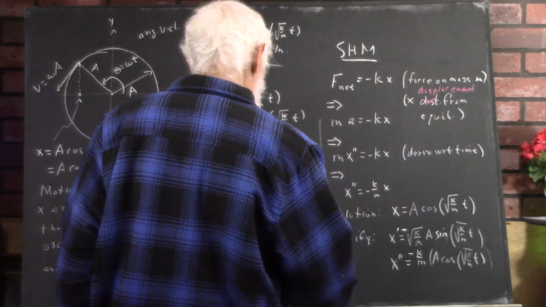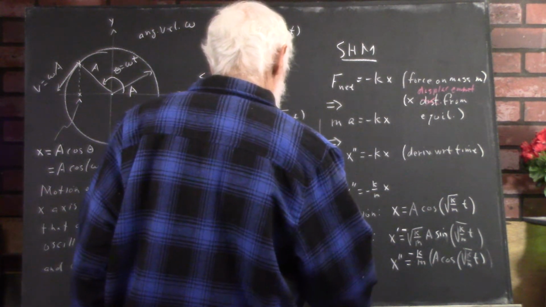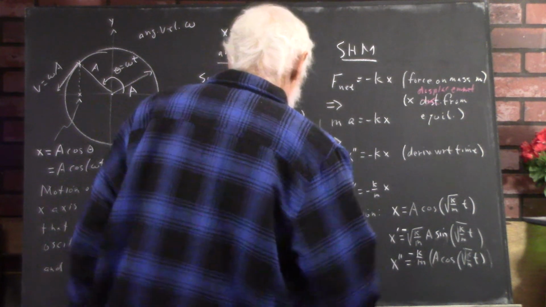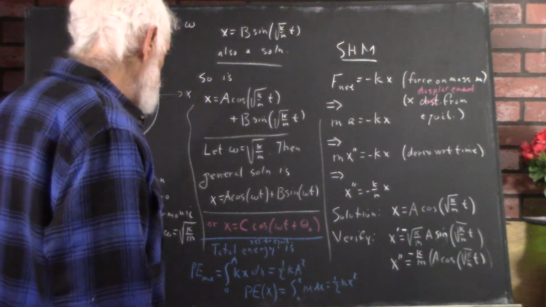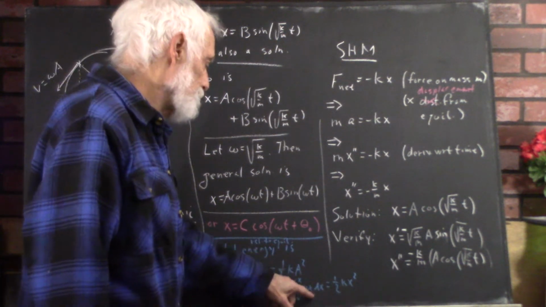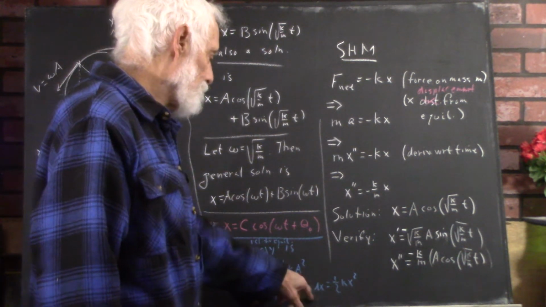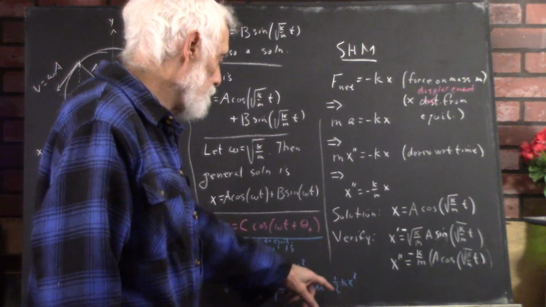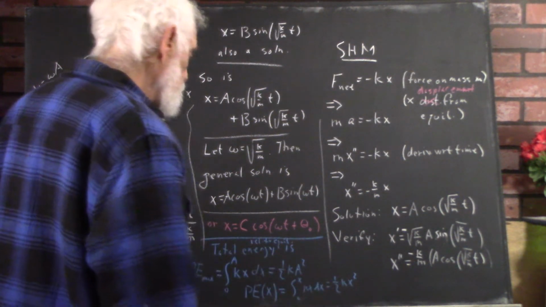And I should use a dummy variable in here. I should have used some other variable rather than x inside here. But anyhow, it's 1/2 kx squared.